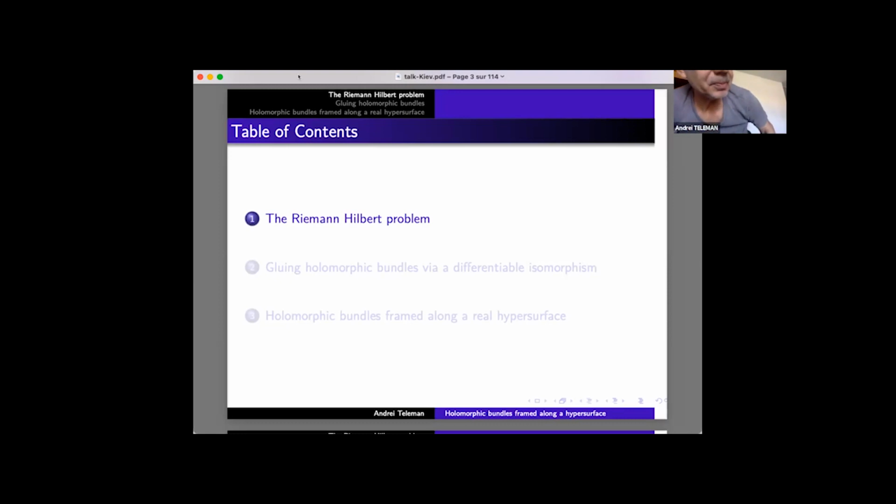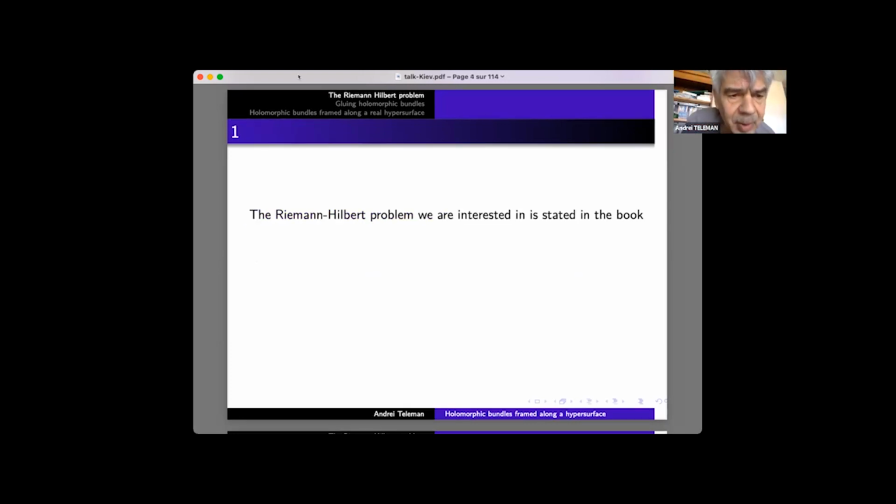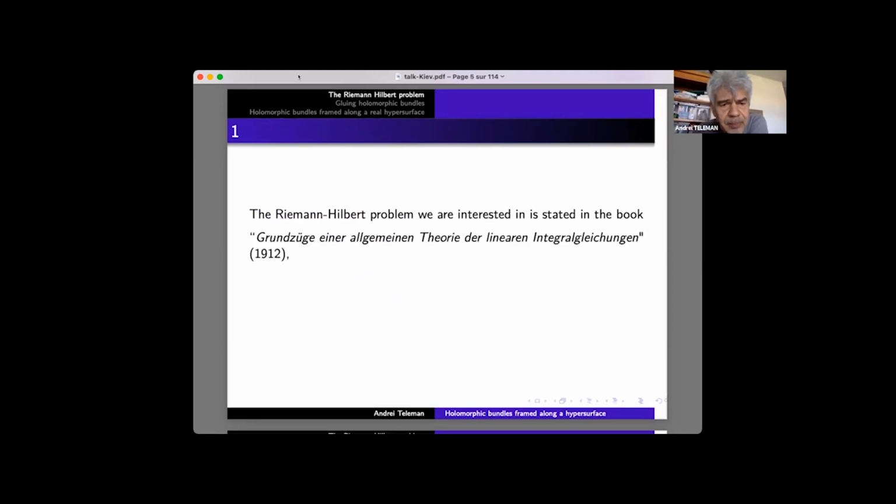So the Riemann Hilbert problem we are interested in is stated in a famous book, Grundzüge einer allgemeinen Theorie der linearen Integralgleichungen.